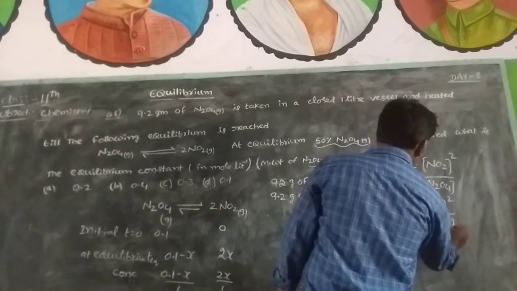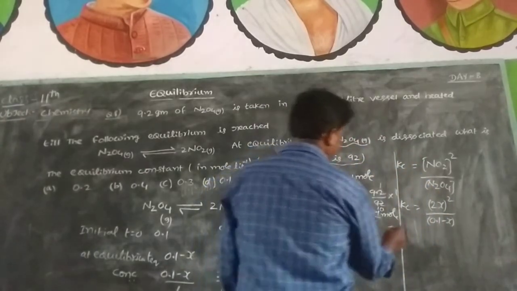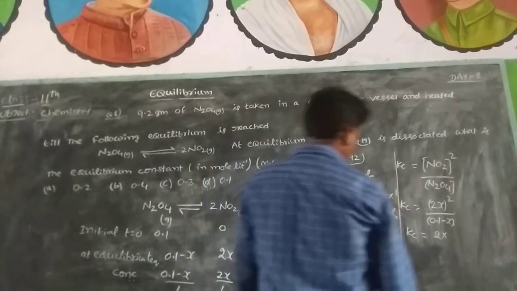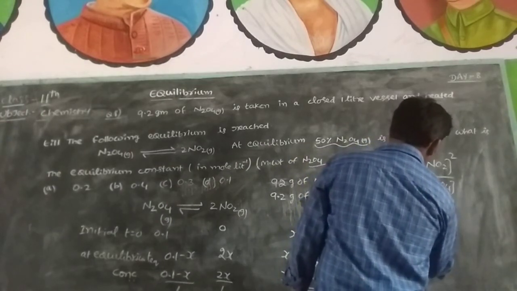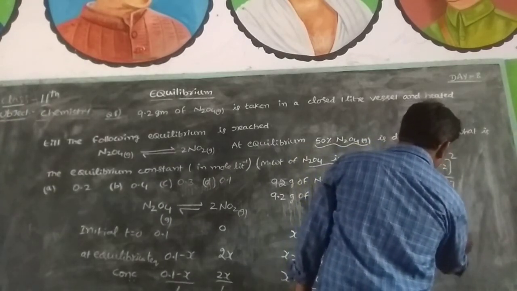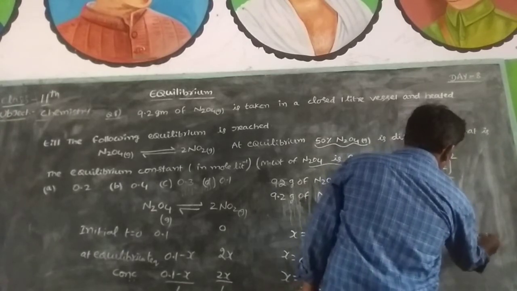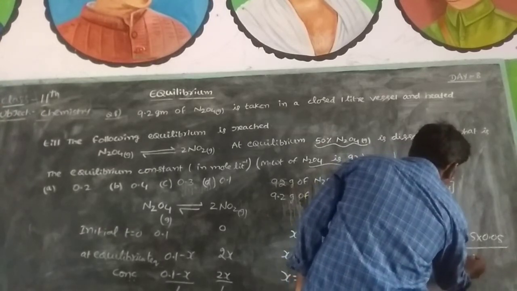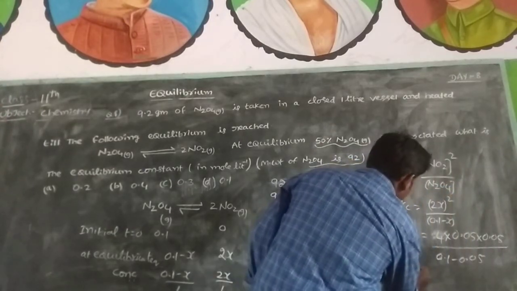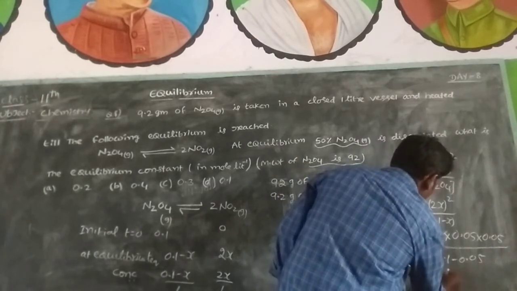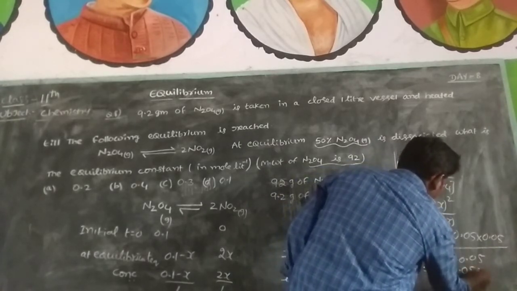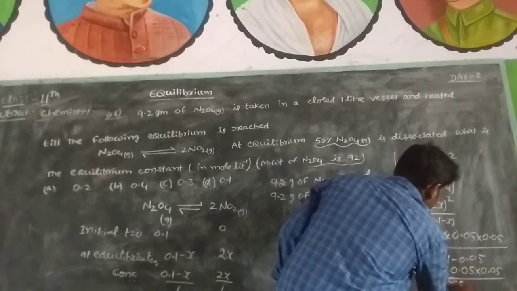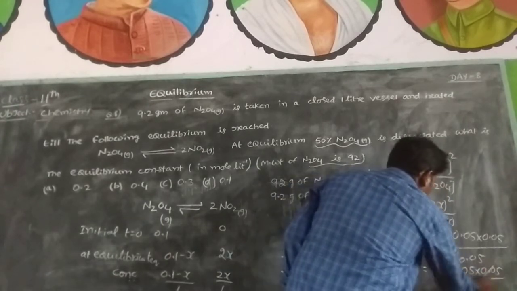So Kc is equal to 2 square, 4 into x square, that is 0.05 into 0.05, upon 0.1 minus 0.05, that is 0.05.